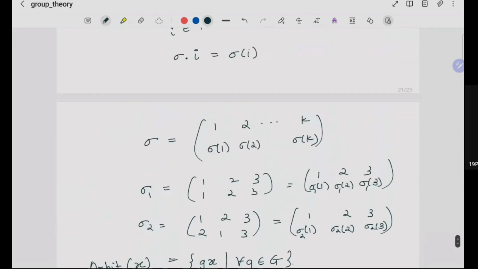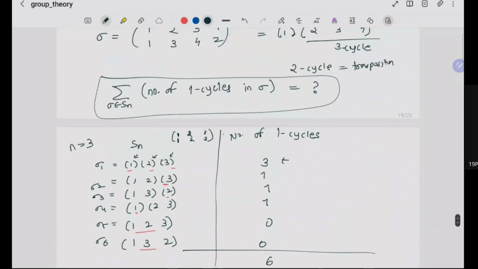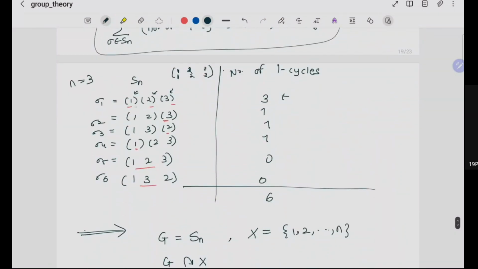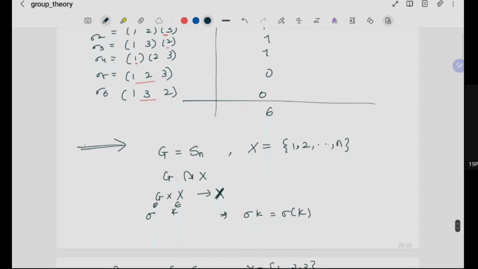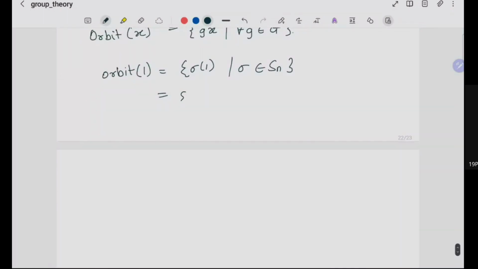So what are all the possible values sigma of 1 is taking? Here sigma 1 of 1 is 1, here sigma 2 of 1 is 2, here sigma 3 of 1 is 3. So the orbit of 1 is the entire 1, 2, 3.